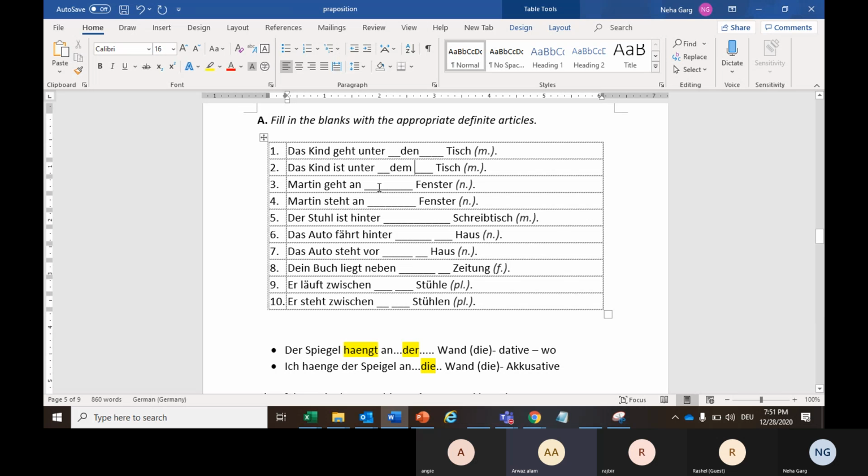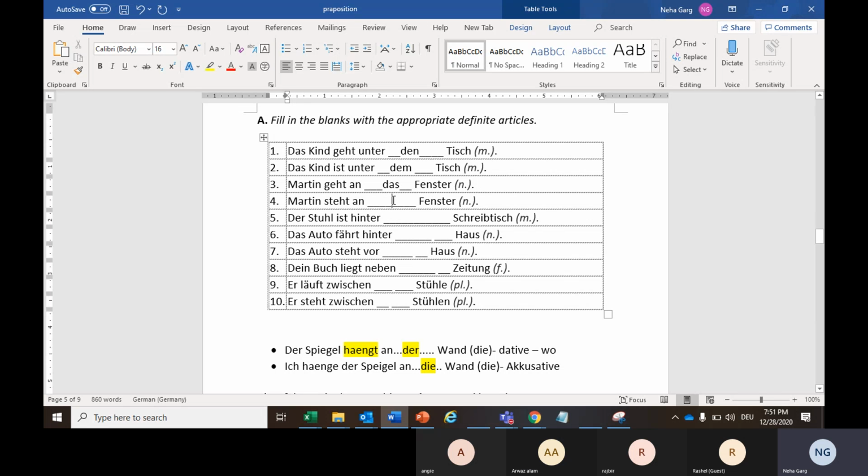Martin geht an dem Fenster. Not dem, because he's going now. So this is accusative. An das Fenster. Fenster is das Fenster. So it will remain das in accusative also.